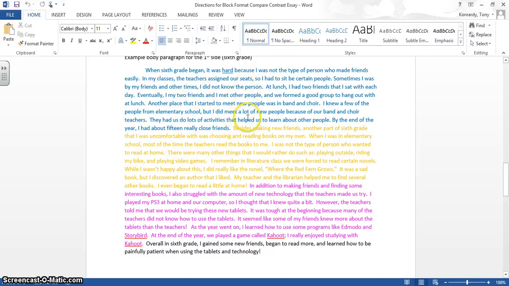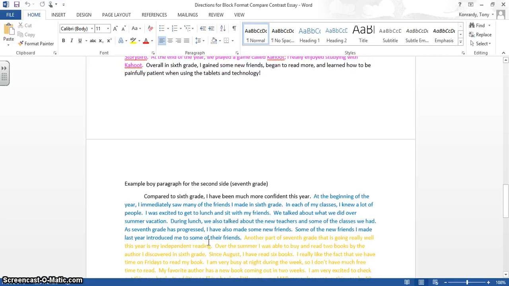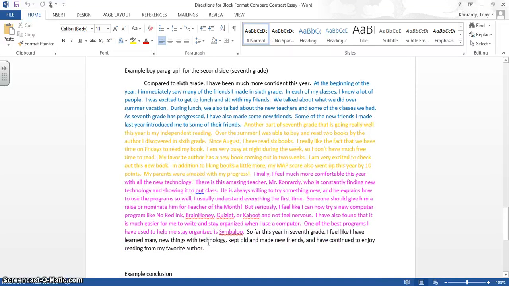So we have area 1, transitional word, area 2, transitional words, concluding sentence. Then it's time to start another paragraph. So this would be the third paragraph. We have a good topic sentence, first area, transitional word, second area, transitional word, third or final area, concluding sentence.